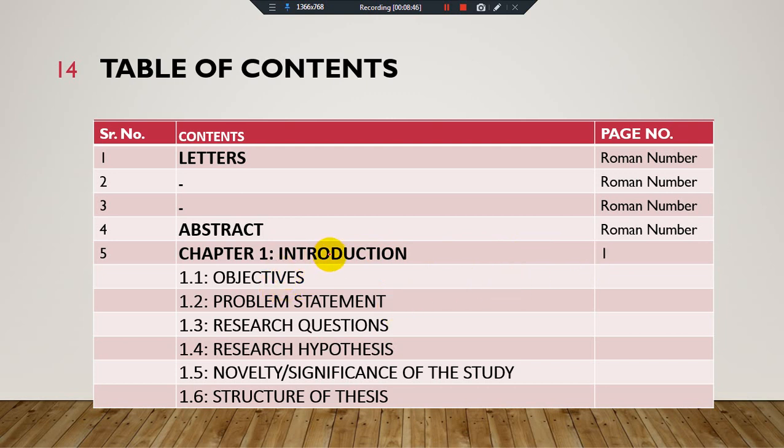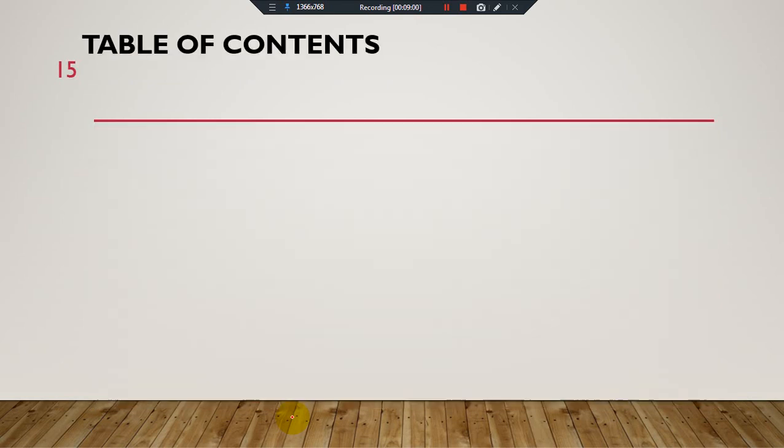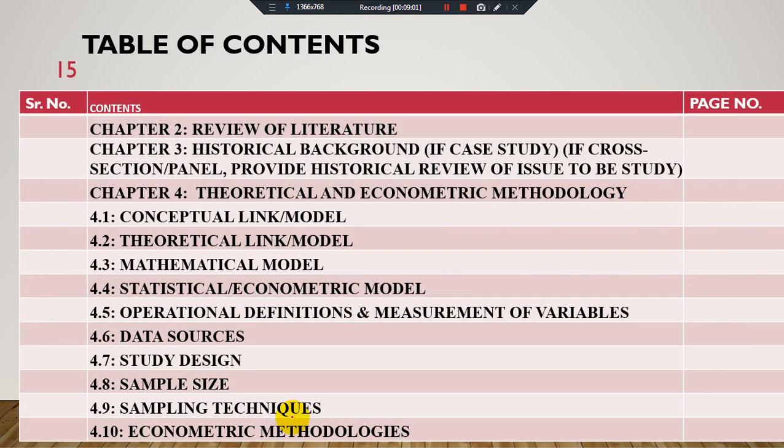Okay, chapter 1 is the introduction. The introduction chapter comprises the objectives, problem statement, research question, research hypothesis, novelty, significance of the study, and structure of the thesis. And then you have chapter 2. Chapter 2 is the review of literature or literature review. Chapter 3 is the historical background.